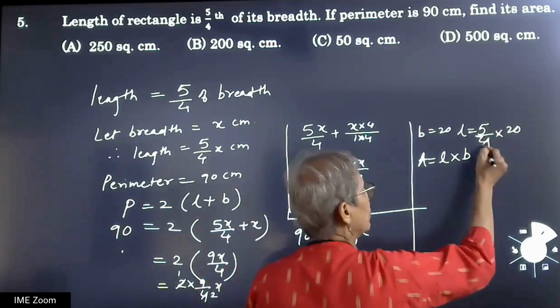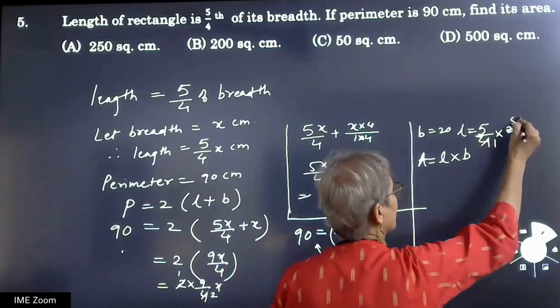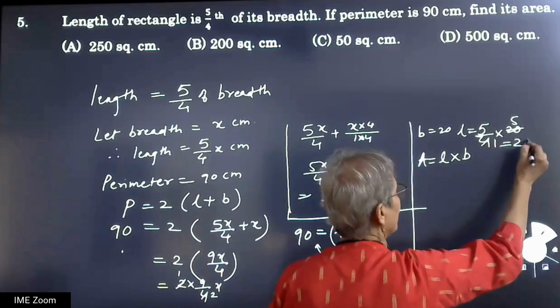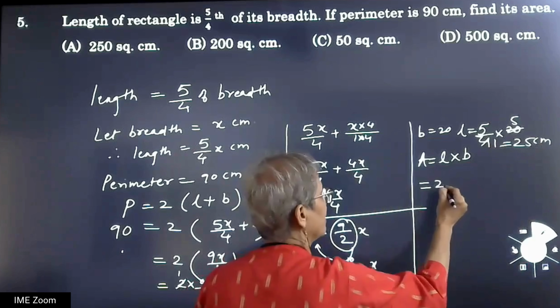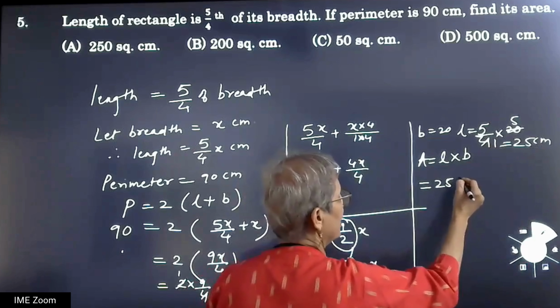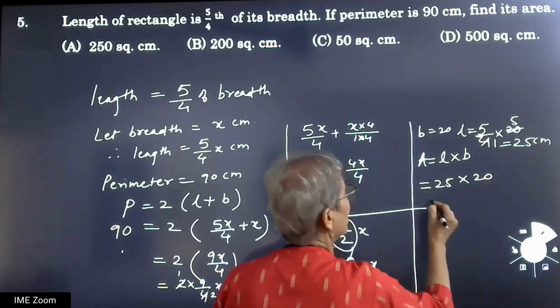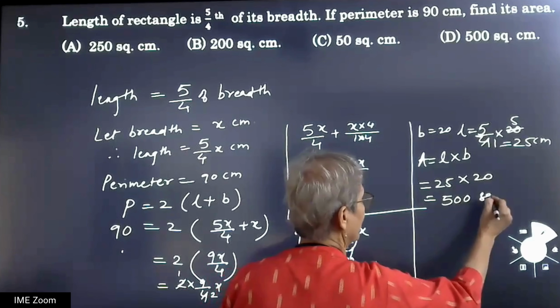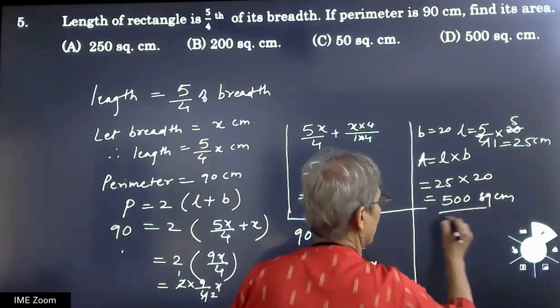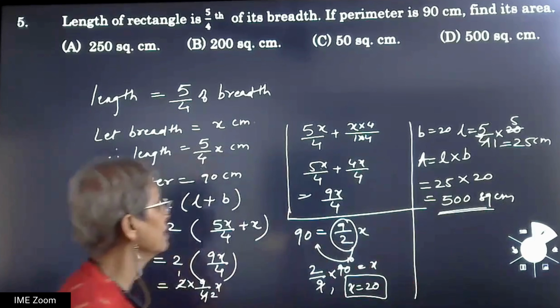And that is 4 ones are, 4 fives are. This is equal to 25 centimeters. And therefore now area: length is 25, breadth is 20, and therefore area is 25 twos are 50, 500 square meters. This is the answer.